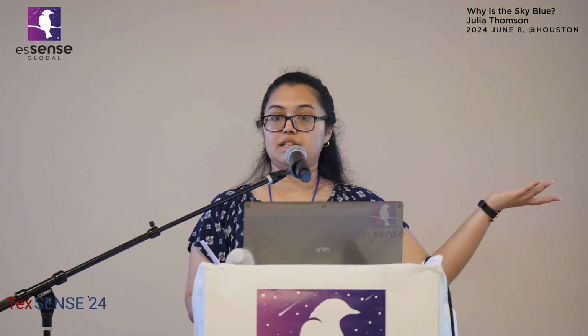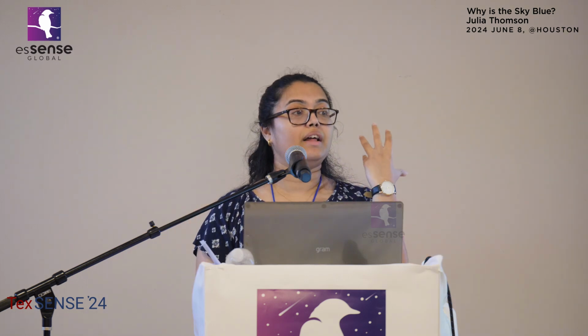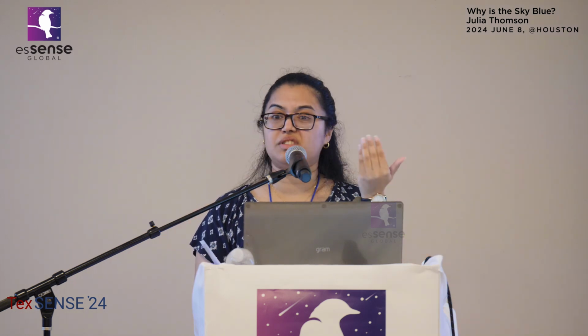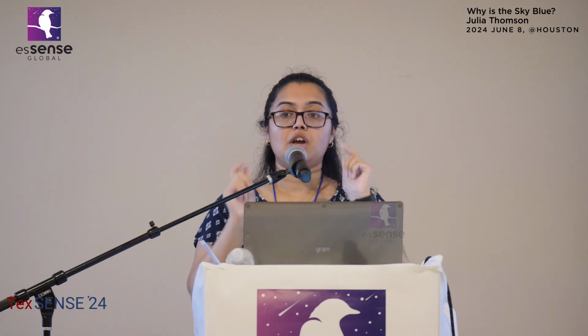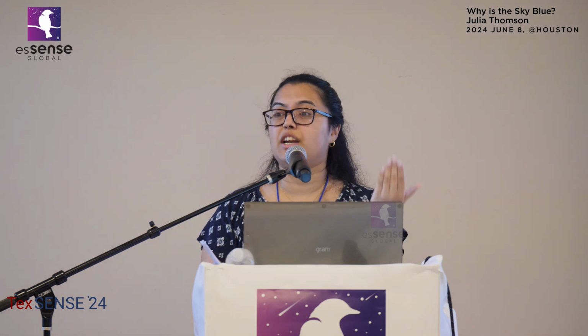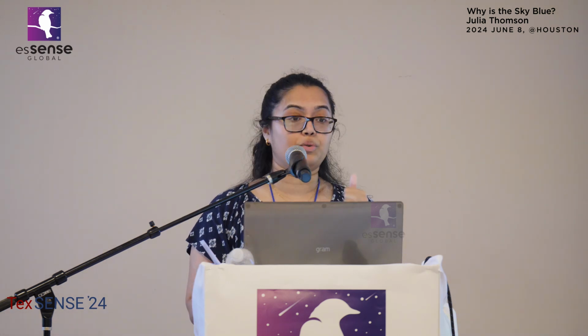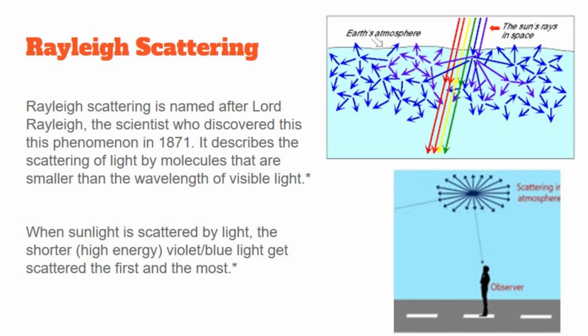In the last slide, I talked to you about the wavelength, the distance between the two high points. The gas molecules, nitrogen and oxygen, are smaller than that wavelength. So that is what makes this kind of phenomenon different than other ways light travels through mediums like a prism.